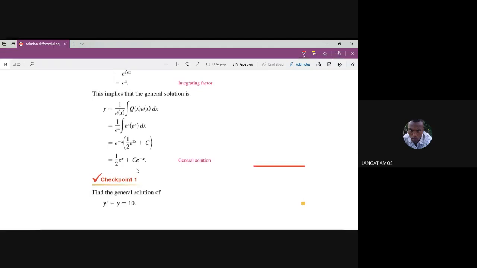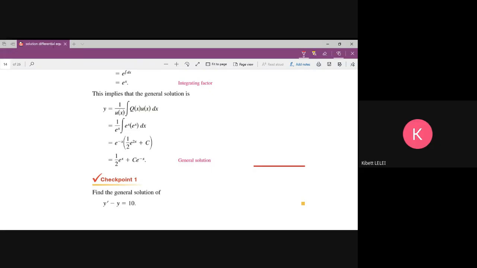Yes? I think we are using the substitution method. Substitution, Amos? Can we multiply e times e so that we can get e raised to 2x?